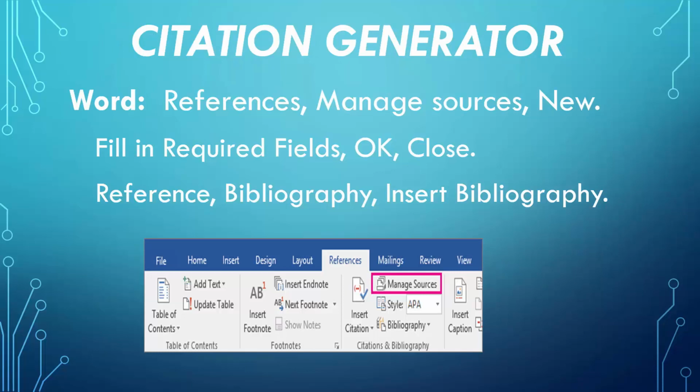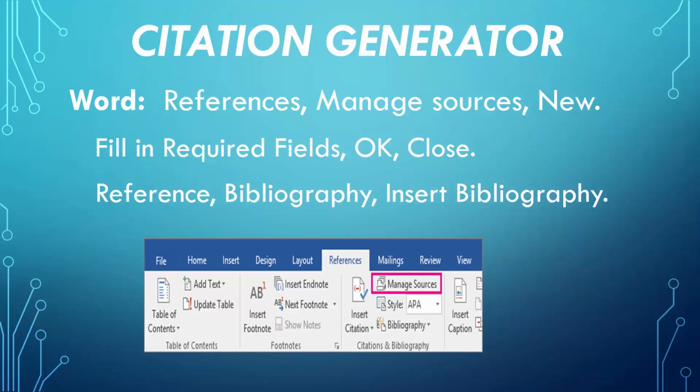And finally, if all this is very confusing, don't fret. You can still create credible citations by using a citation generator. Microsoft Word, for example, can generate and create citations for you. Simply go to the Reference tab at the top of the document, select Manage Sources, New, and fill in the appropriate information.